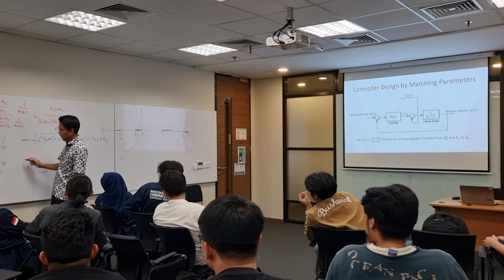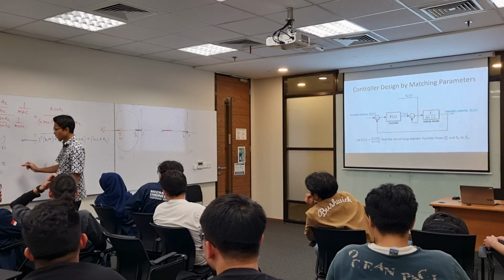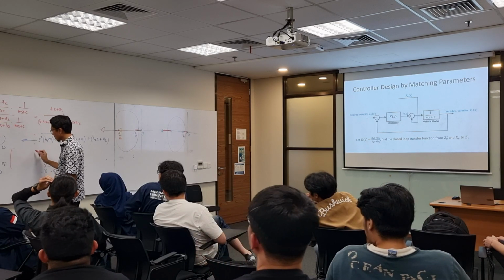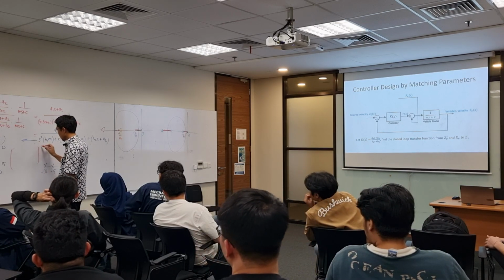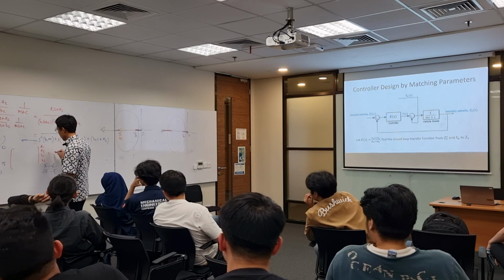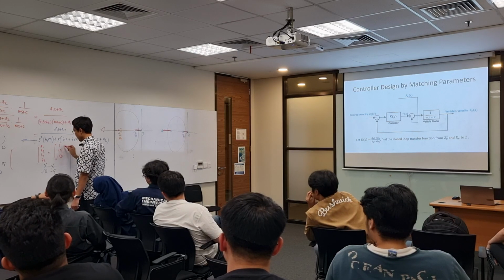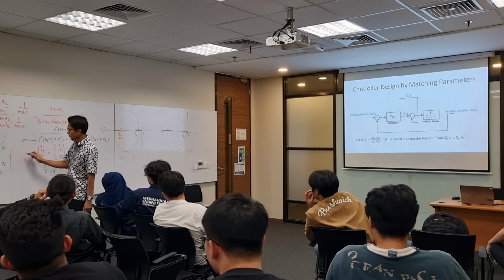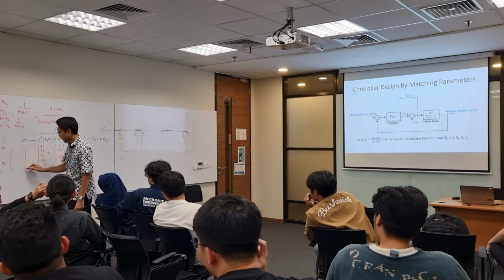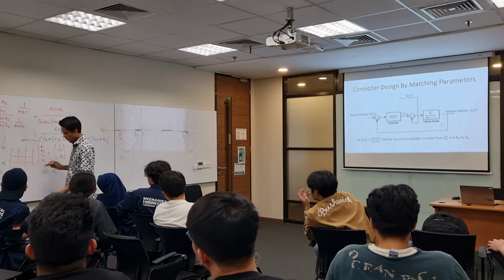So you have A1, A2, B1, B2. Okay, this is 1, 15, and 50. We have 4 variables, and we have 3 equations here.